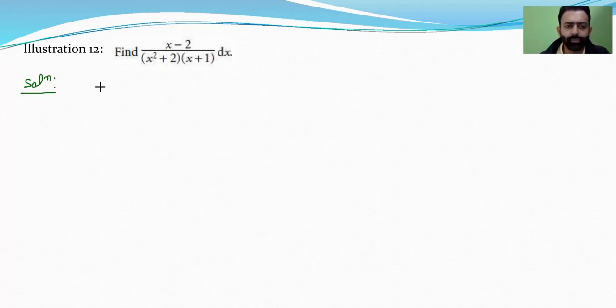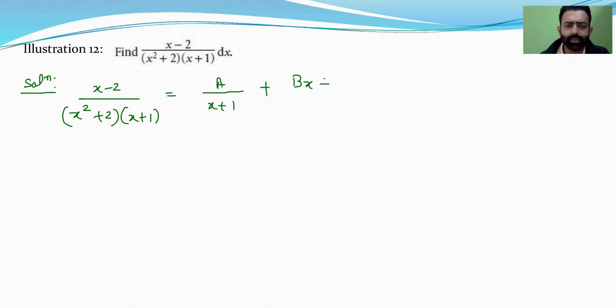All right, so first let us write this x minus 2 over x square plus 2 into x plus 1 as a sum of partial fractions. So this is a over x plus 1 plus bx plus c over x square plus 2.